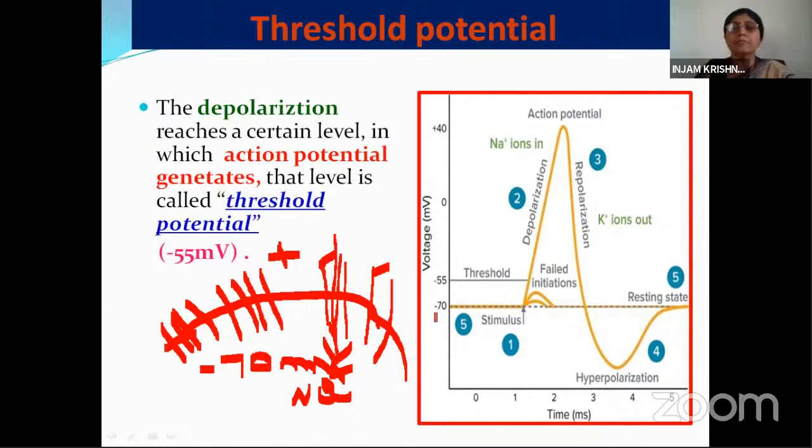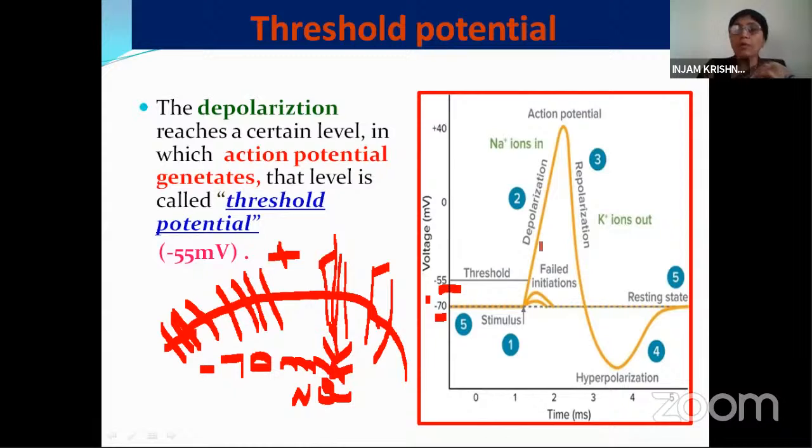Slowly it reduces, minus 70 to minus 68, 65, 60, then 59, 58, and it reaches minus 55. When the potential reaches minus 55, that is called threshold potential. Why do we call it threshold potential? At this point, the action potential is generated.